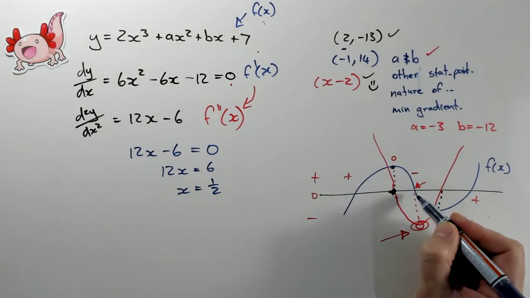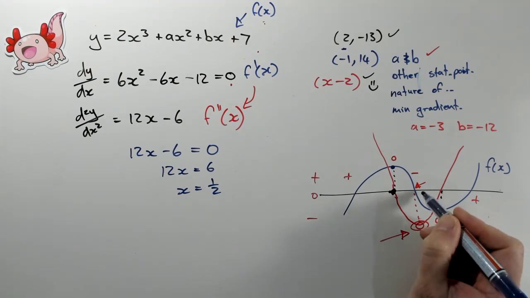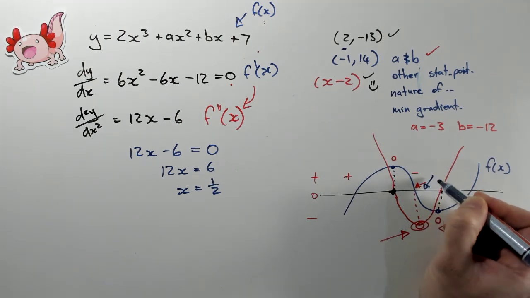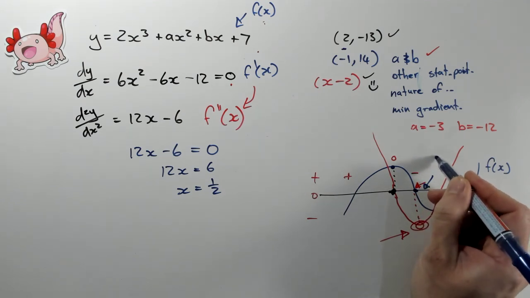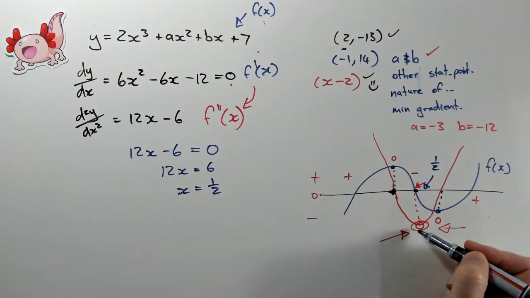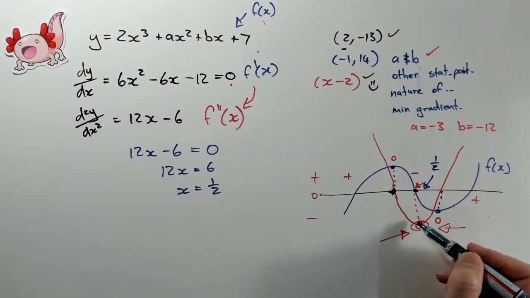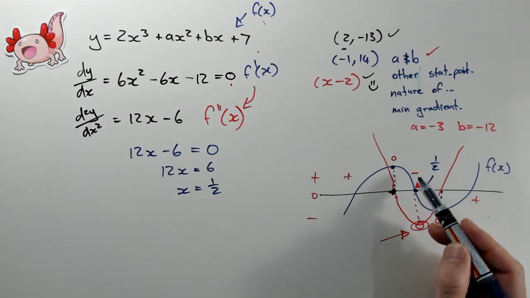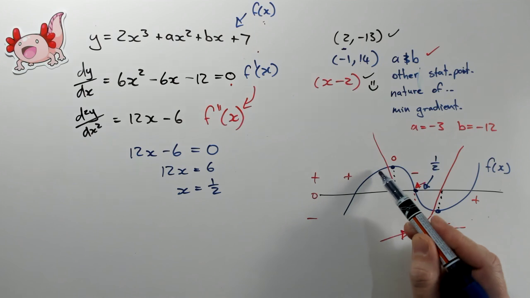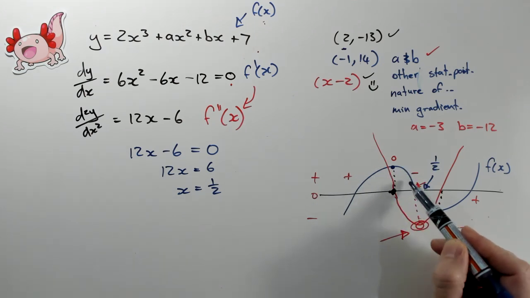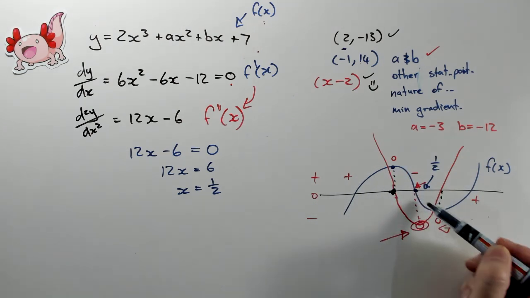So basically, where x is a half, that's the lowest point. And it's also the point of inflection. Inflection just being when the curvature changes, so when it's going from concave down to concave up.